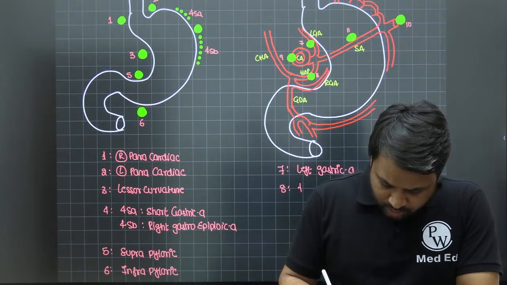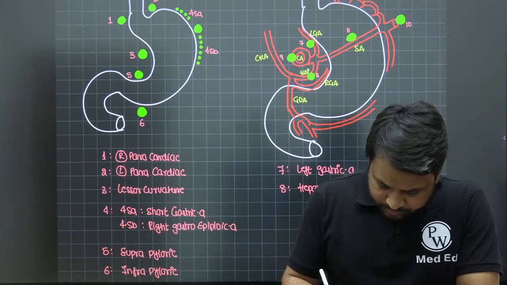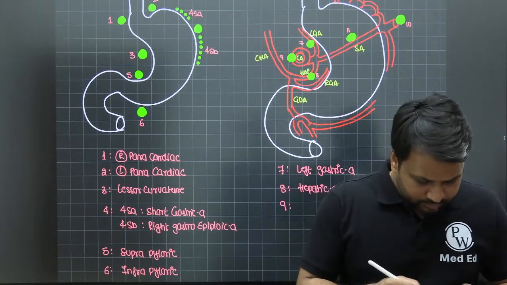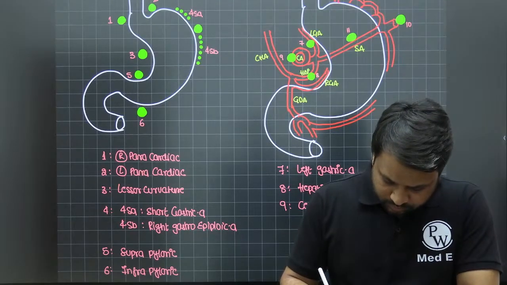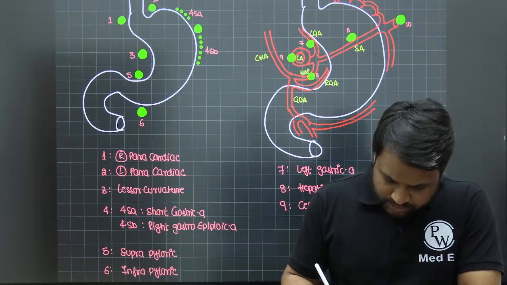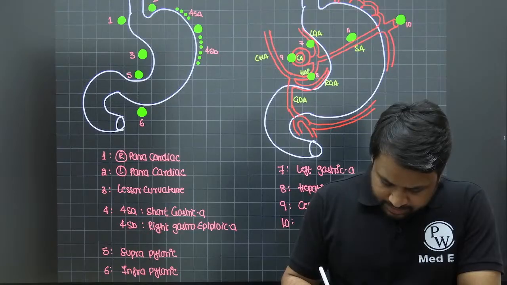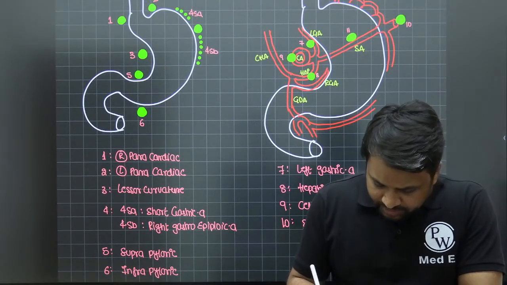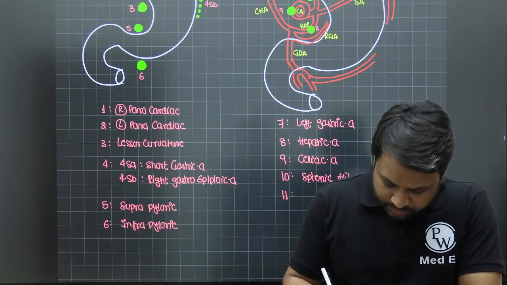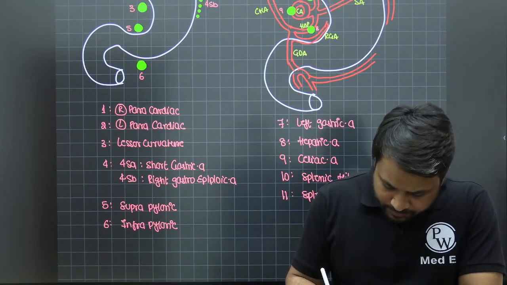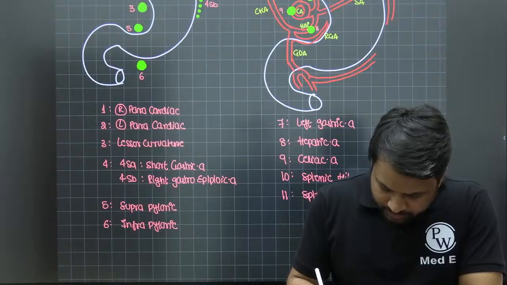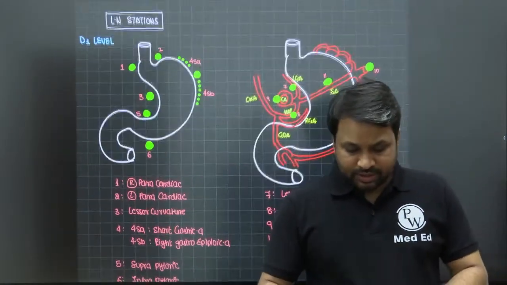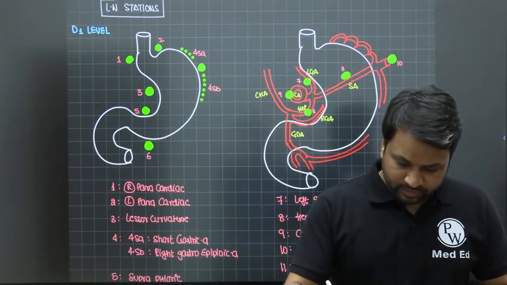Station 8 is along the hepatic artery. Station 9 is along the celiac artery. 10 is at the splenic hilum, and 11 is along the splenic artery. So this is your D2 level.